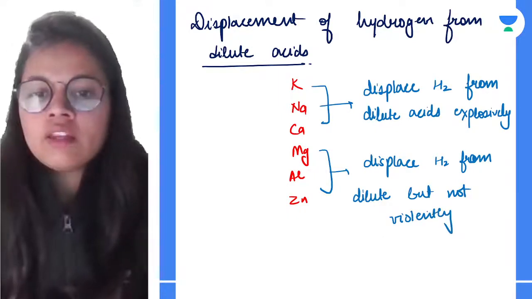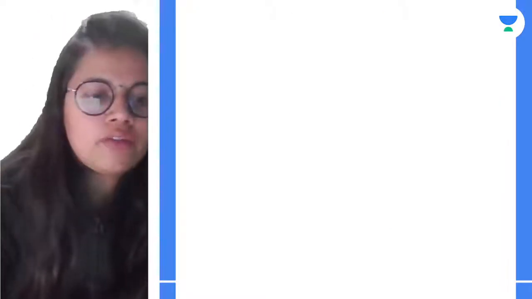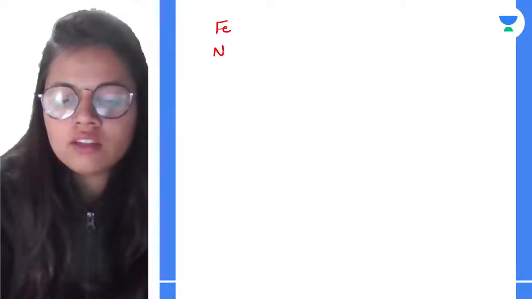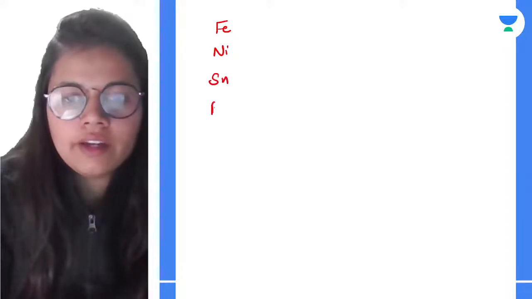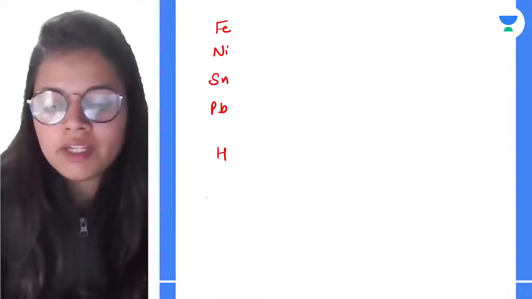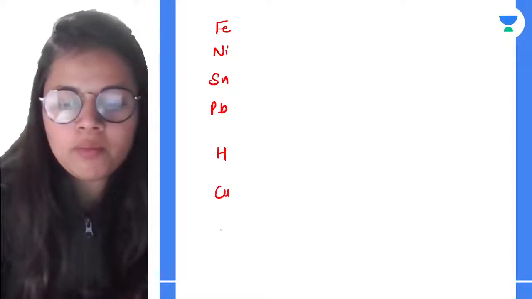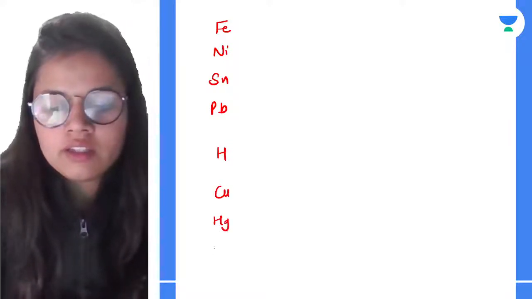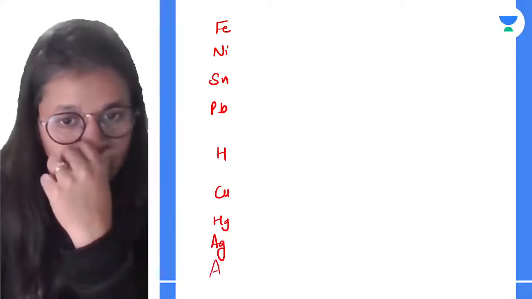Now after zinc we have iron, nickel, tin, lead. And the metals which lie below hydrogen: copper, mercury, silver and gold.